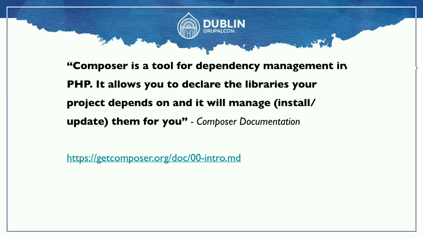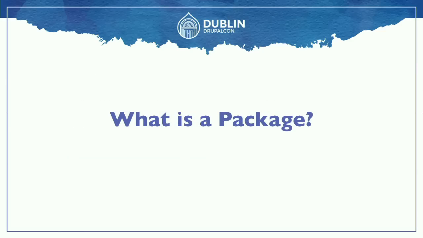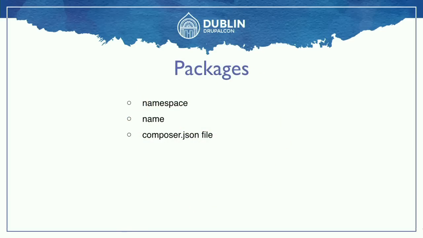So if it manages your packages, then, what's a package, right? This is a package, but this is not necessarily what we're talking about. A package within PHP in respects to Composer is really a bit of PHP code that lives under a namespace with a name, and it includes a Composer JSON file.